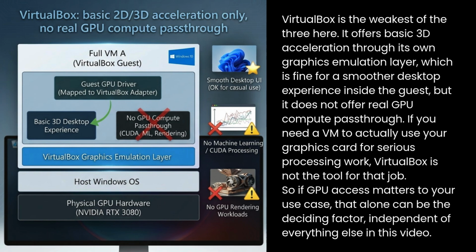It offers basic 3D acceleration through its own graphics emulation layer, which is fine for a smoother desktop experience inside the guest, but it does not offer real GPU compute pass-through. If you need a VM to actually use your graphics card for serious processing work, VirtualBox is not the tool for that job. So if GPU access matters to your use case, that alone can be the deciding factor, independent of everything else in this video.